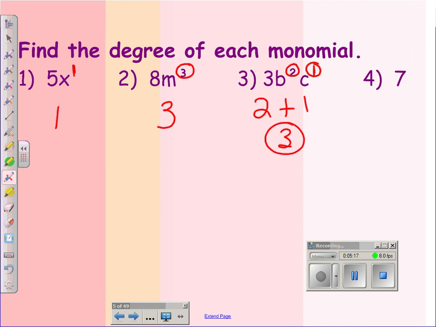I want to parallel that to this expression instead. If it was 3b squared plus c, then we would just look at the greater exponent because those two cannot be combined. So in that case, the degree would be a 2. So that's just kind of a bonus question. We just learned that anytime it's the degree of a constant, then that's always going to be, you may have guessed it, 0.